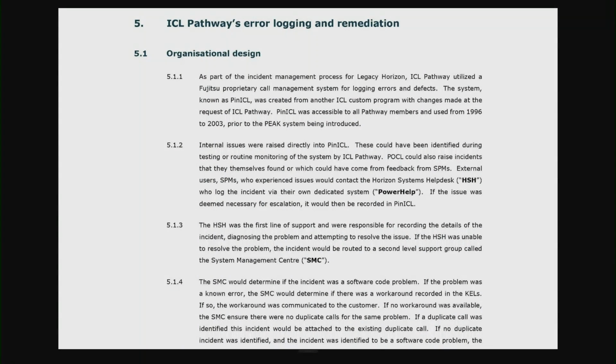Yes. You say that the SMC would determine if the incident was a software code problem. How would it do that? The SMC would read the description, make a determination based off of their training, and that was basically their job, to determine whether it was a software problem or not.